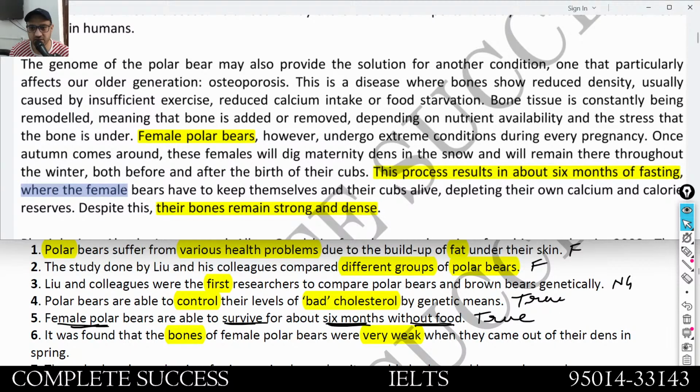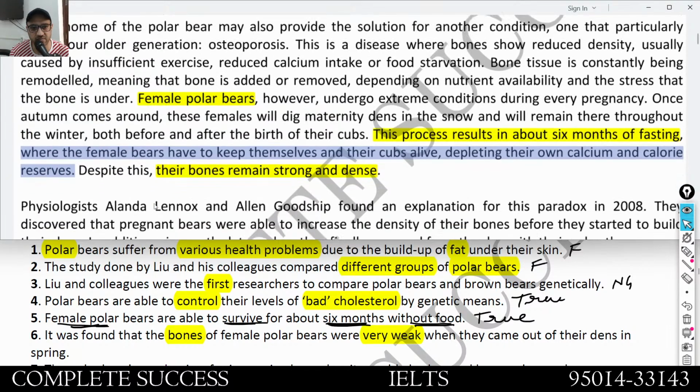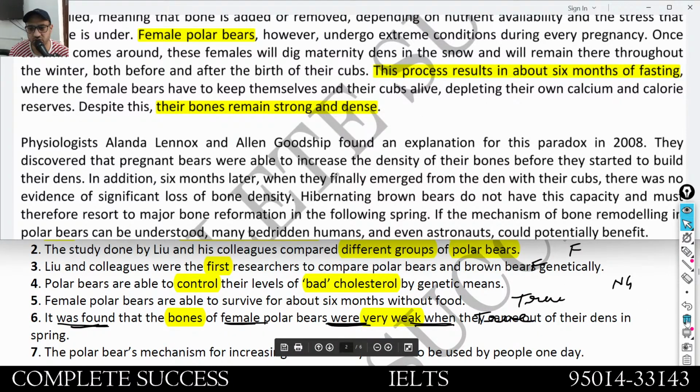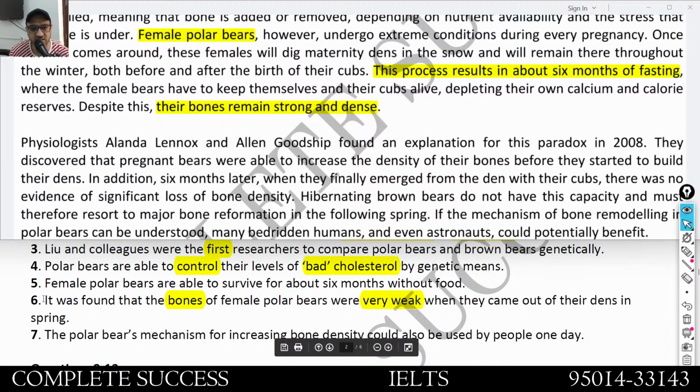She keeps on fasting for about 6 months, where the female bears have to keep themselves and their cubs alive, depleting their own calcium and calories reserves. Okay? Despite this, the bones remain strong and dense. So, what should be the answer of this question? You tell me. Question number 6.